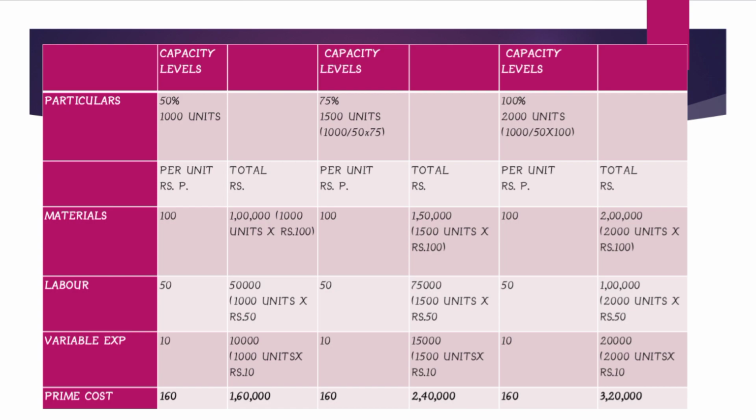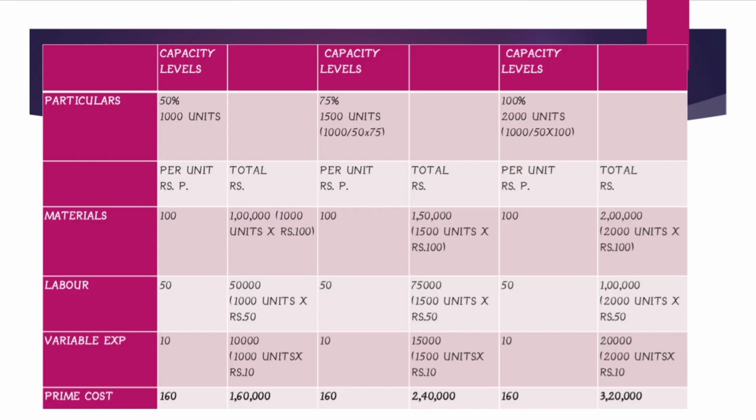So 1000 units for 50%, what will be for 75%? How to calculate it? Simple, 1000 divided by 50 into 75. Same as it is for 100%: 1000 divided by 50 into 100. It will be 1500 for 75% and 2000 for 100%.